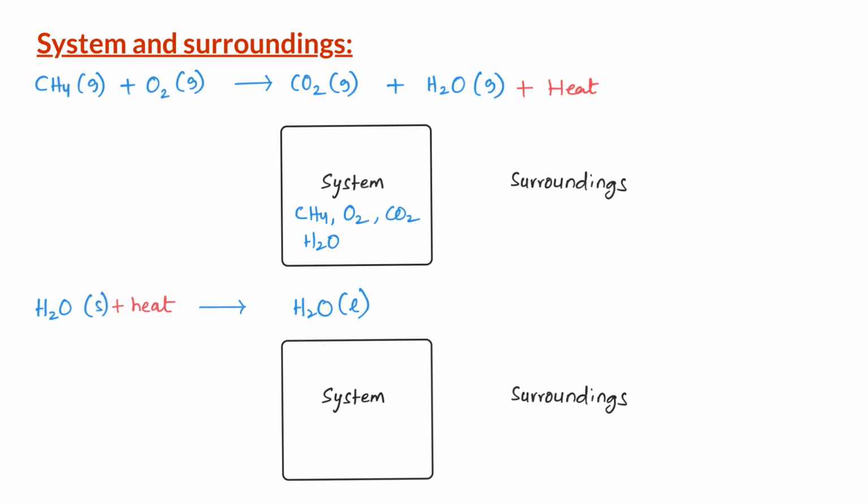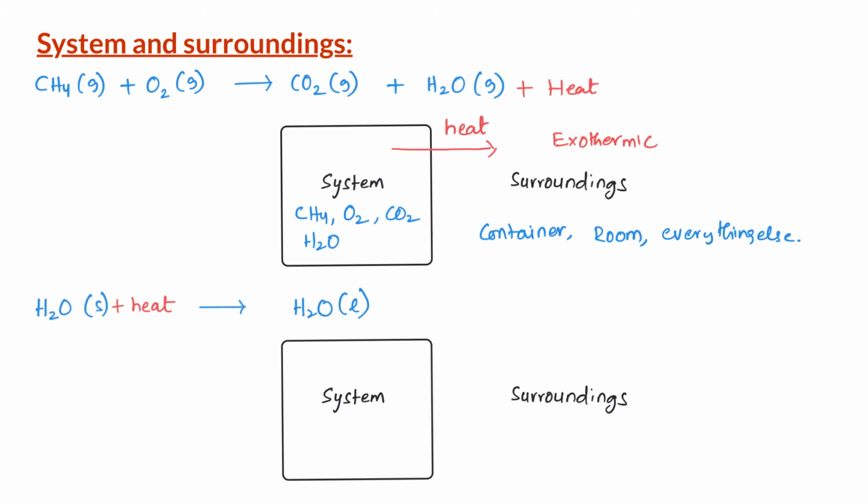In this case, the container in which the reaction is occurring, the room in which the reaction container is placed, and everything else constitutes surroundings. In this reaction, energy in the form of heat flows from the system to the surroundings. Such types of reactions are called exothermic reactions.